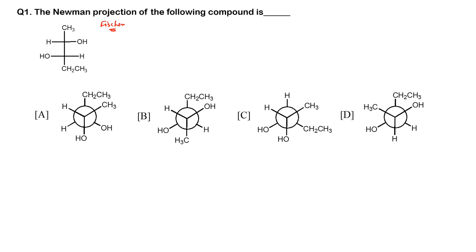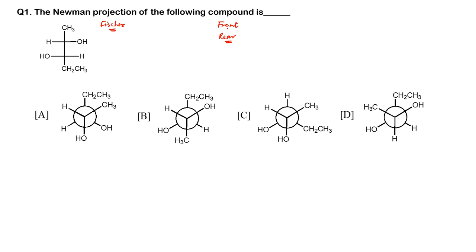The Fischer projection is given for this molecule and all the options are provided in the form of Newman projection. So here we need to be careful about two things, particularly in a Newman projection. First is which carbon is the front carbon and which carbon is the rear carbon.